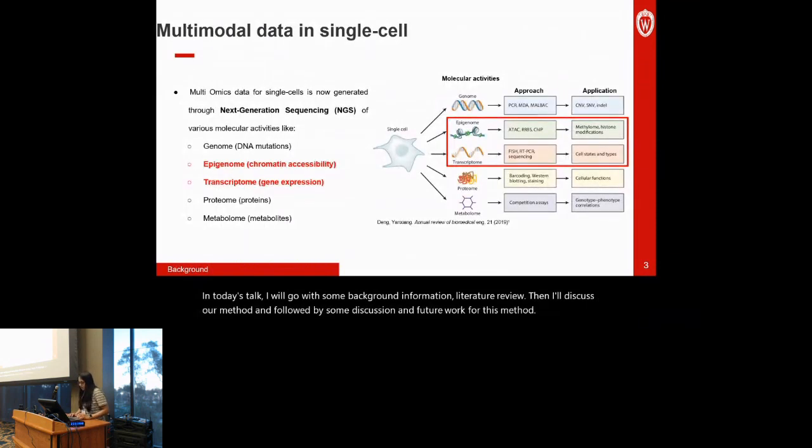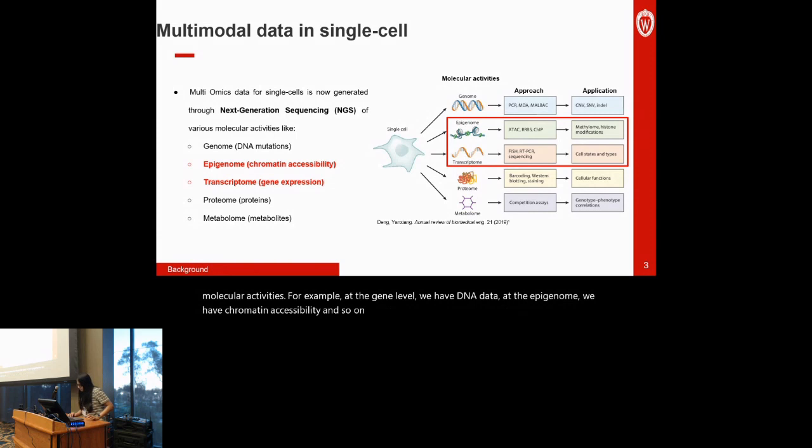So with next generation sequencing technologies, we are able to capture molecular activities inside a single cell, which means we have multiomics data for each cell characterizing their molecular activities. For example, at the genome level, we have DNA data. At the epigenome, we have chromatin accessibility and so on.